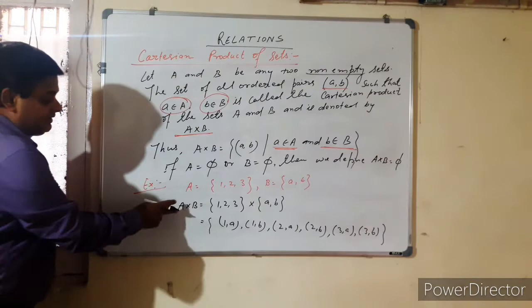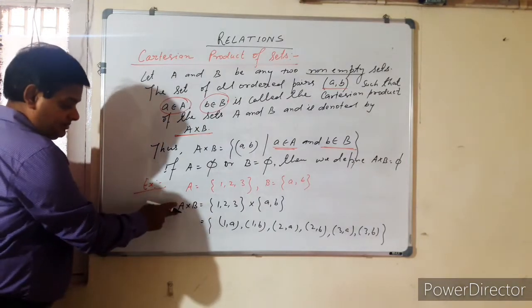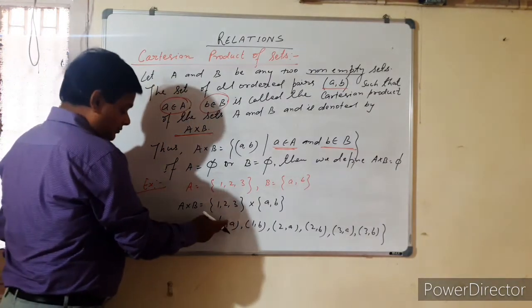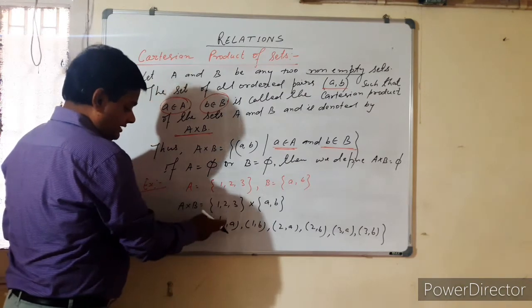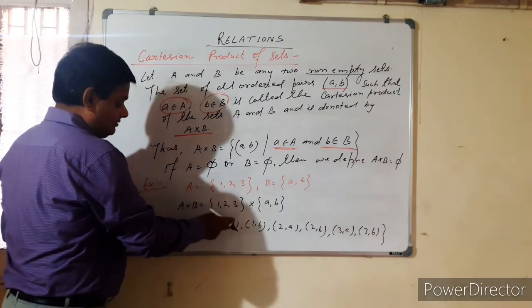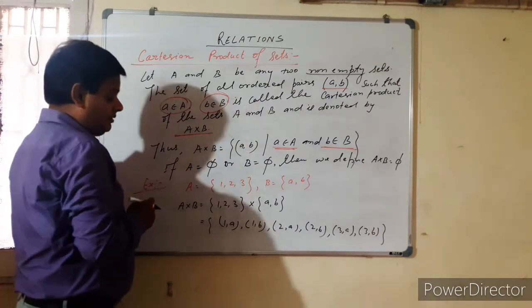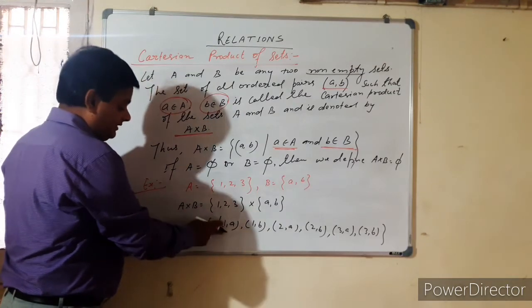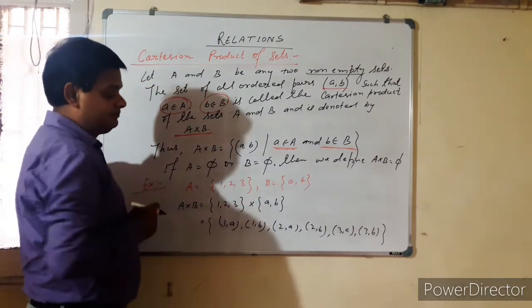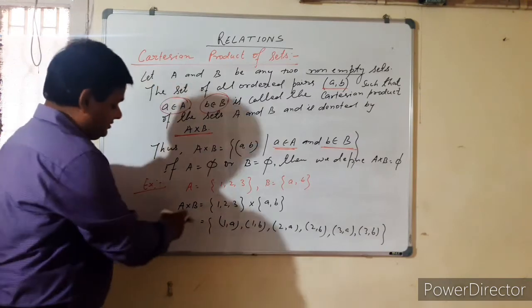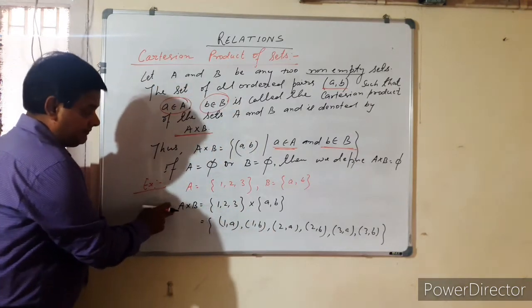This is your A cross B: first elements from set A and second elements from set B, meaning x coordinates from A and y coordinates from B. This is called A cross B.